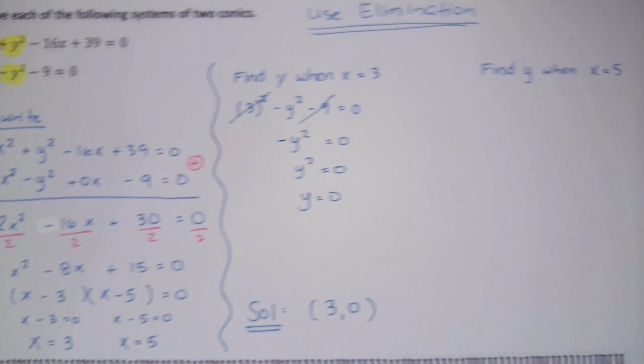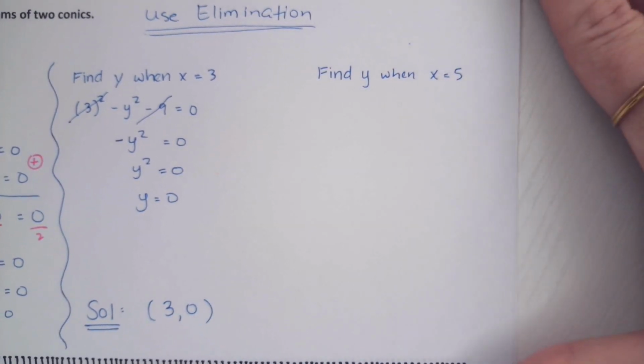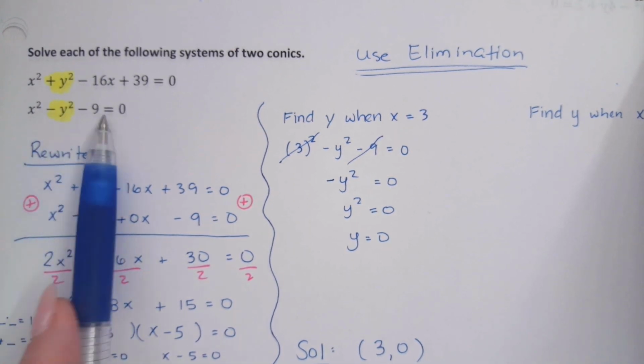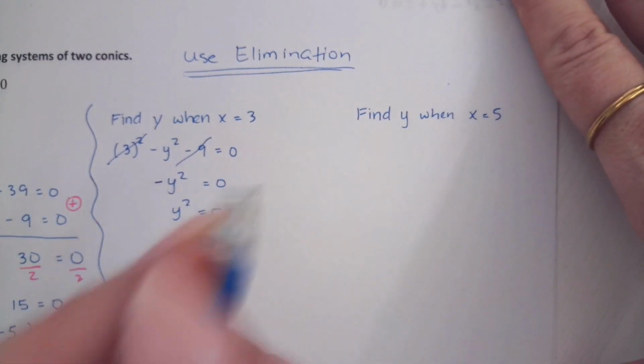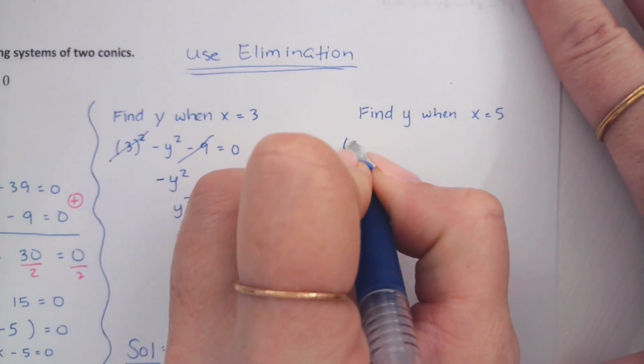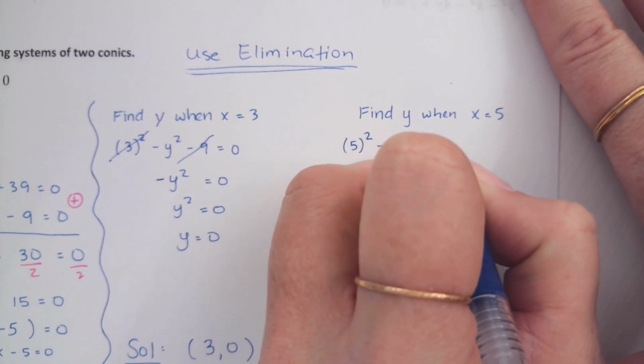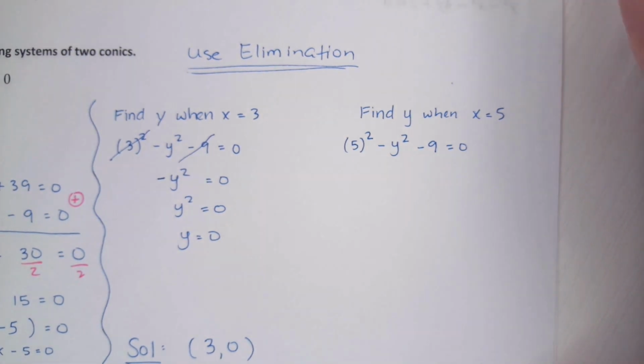And then we have to find the y when the x is 5 now. Again, we can plug it into that bottom equation, which is a little bit easier to work with. Plugging in the 5 for the x gives me 5 squared minus y squared minus 9 equals 0.